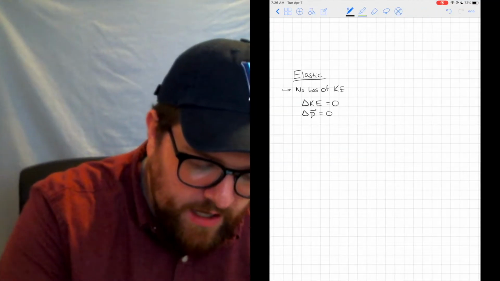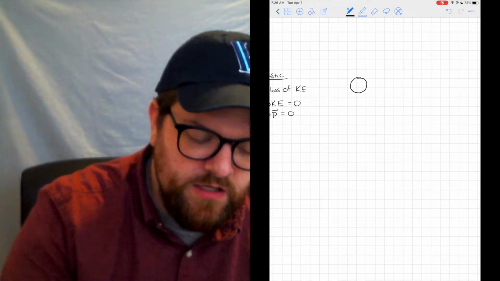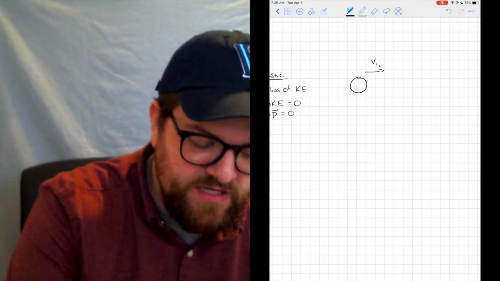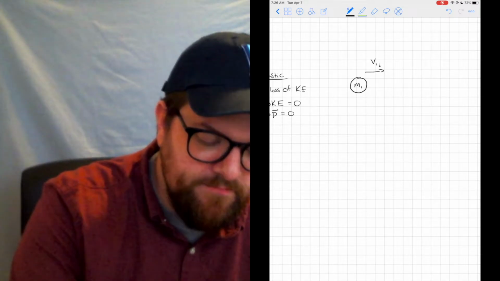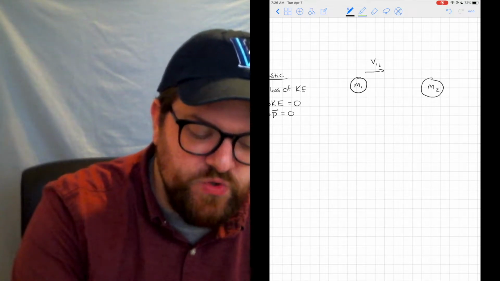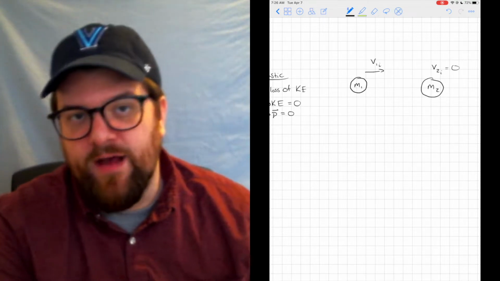So the scenario is that I have one object coming in with some initial speed, and it has some mass, and there's a second object, call it M2, that has no initial speed. It is at rest.